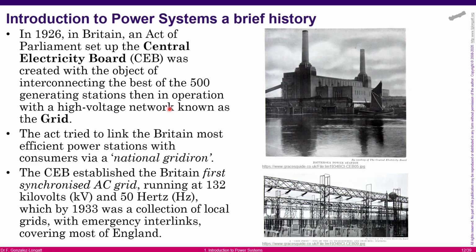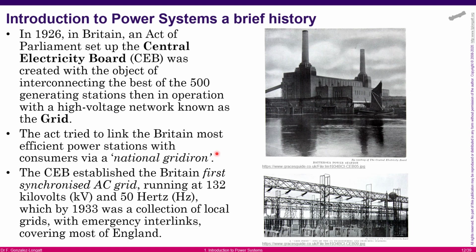Okay, in 1927, the Central Electricity Board started to think about the fact that the GB system had more than 400 generating stations, and we have in the GB system a high voltage network, and we use the name grid for that network. Britain started to think about creating a stronger infrastructure for electricity, and that was the starting point, the legal point for defining the national grid.